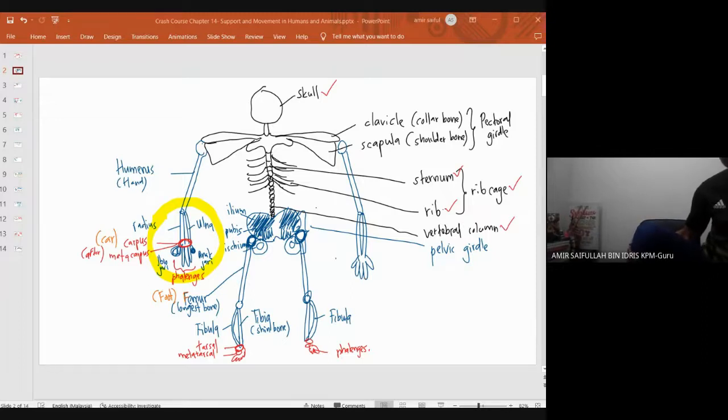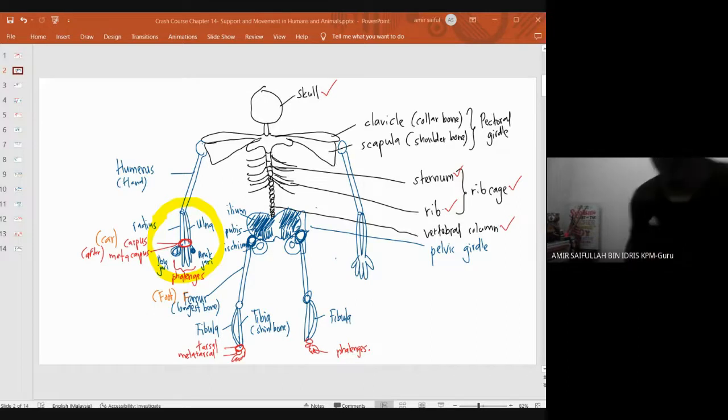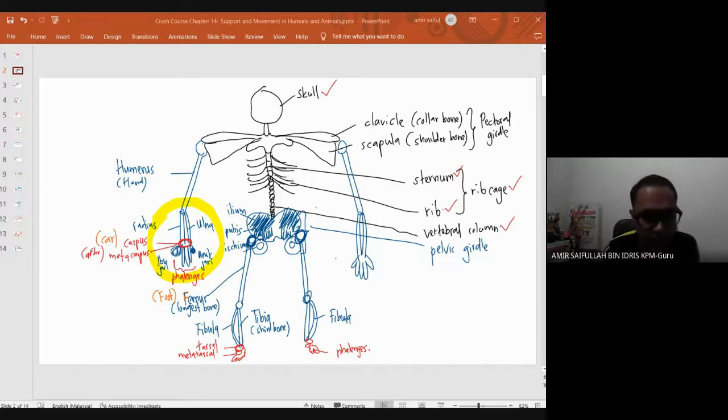Dalam bahasa sains, dia panggil tibia. Ni, shin bone. Yang ni kalau patah sangat susah. At the back of the shin bone, dia ada fibula. Okay, fibula di belakang tibia.